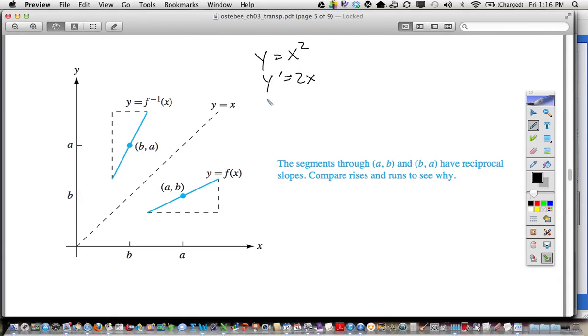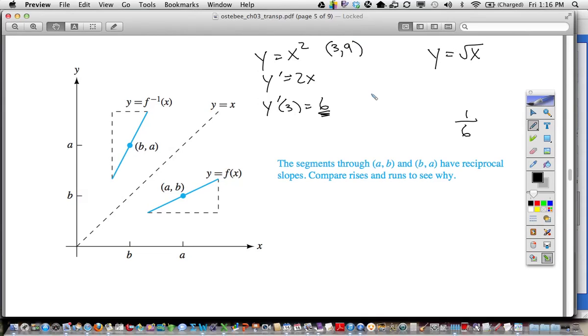So at 3, y prime of 3, you would get 6. Where would the inverse function, square root of x, have a slope of 1/6? Where would it have its reciprocal? Would it be at 3? Would it be at 9?